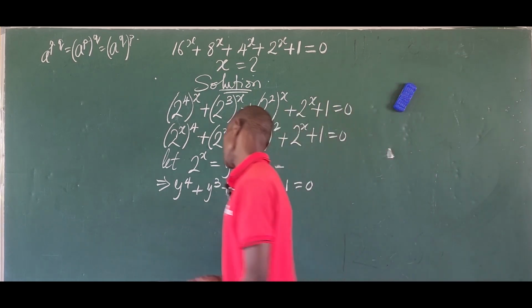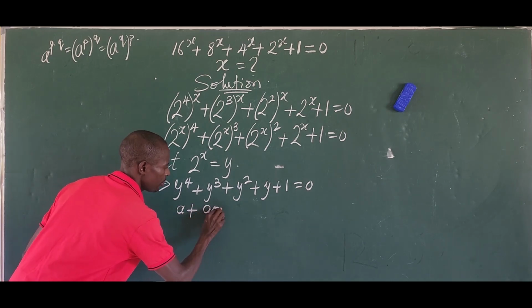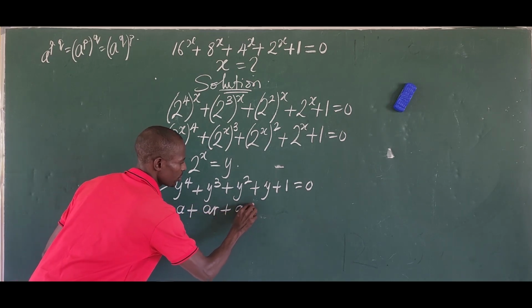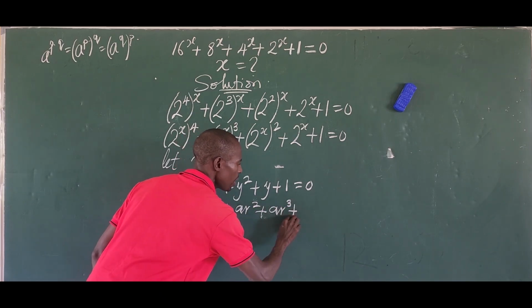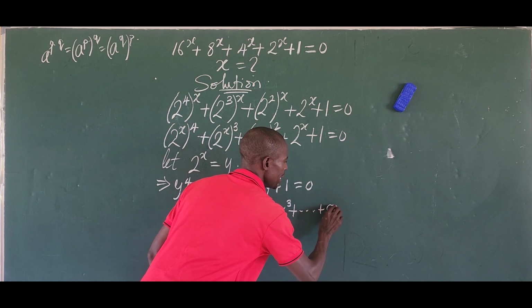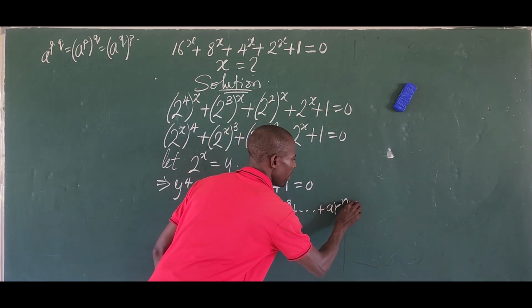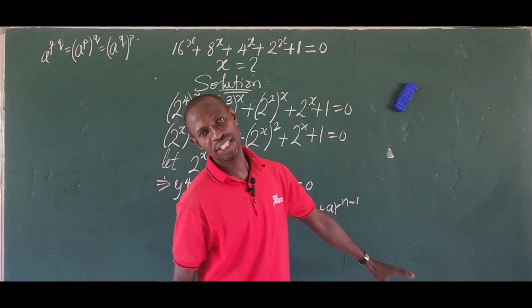What does it say? It says that a plus ar plus ar to the power of 2 plus ar to the power of 3 plus and so on, plus ar to the power of n minus 1. You remember this? This is from your geometric series, right?